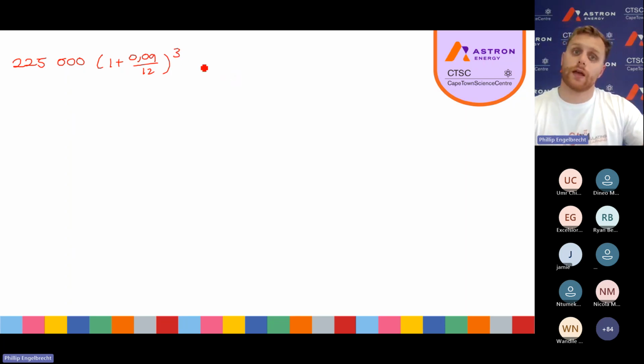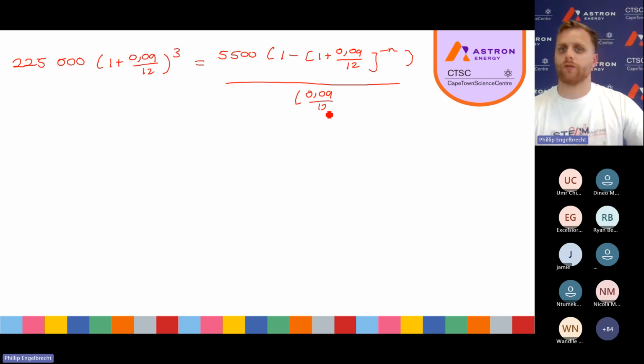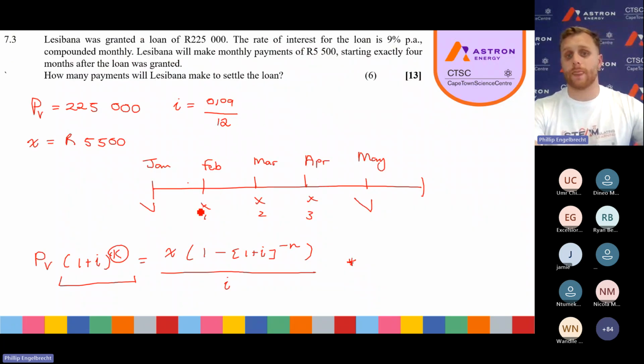Now, what is my monthly deposit? It was 5,500 Rand multiplied by (1 minus (1 plus 0.09 over 12) to the power of negative n), all of that divided by i, which was 0.09 over 12. Now, remember, it's not 4 months, because look again.